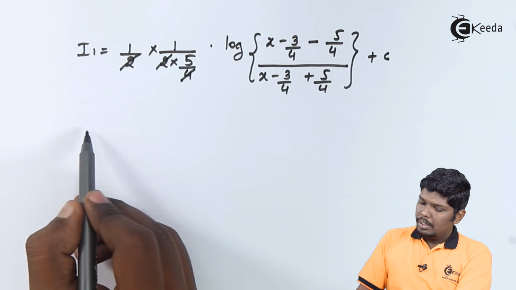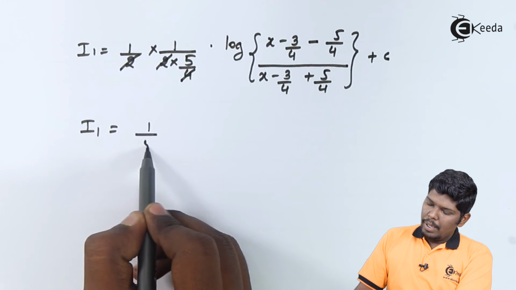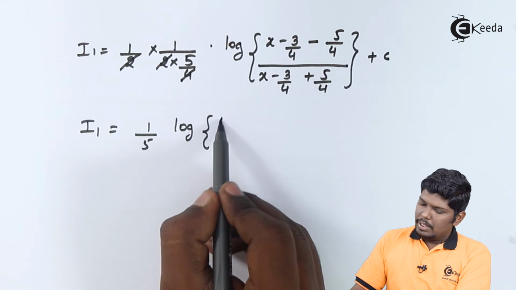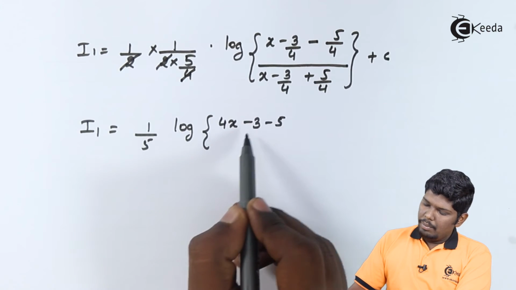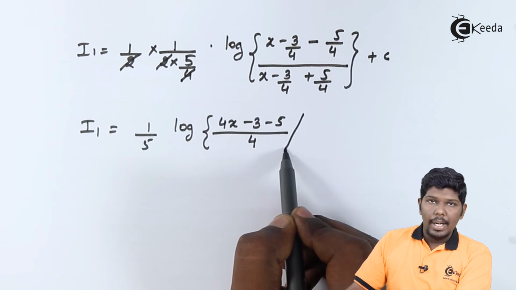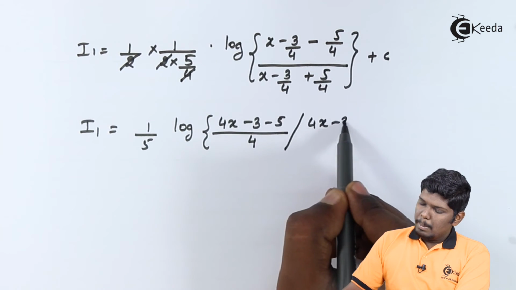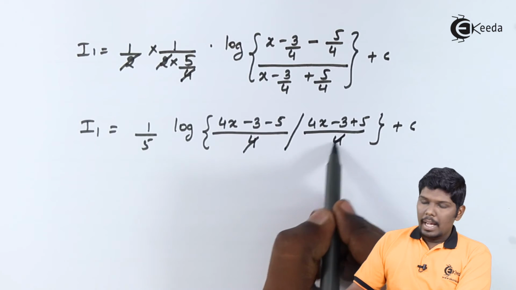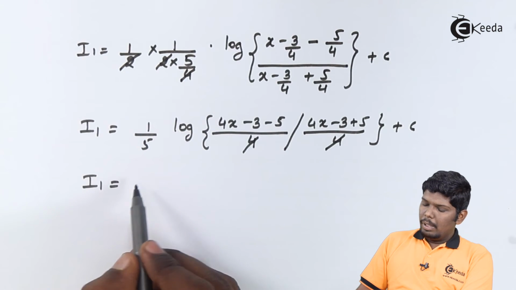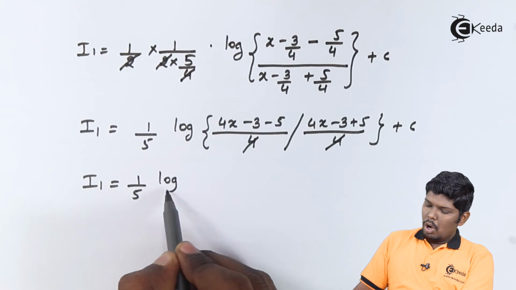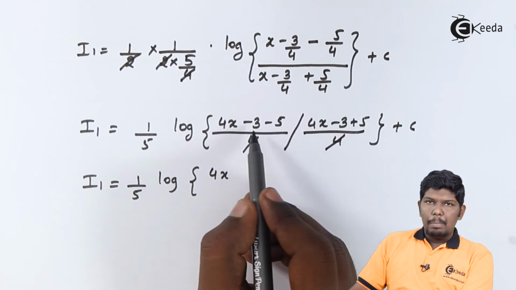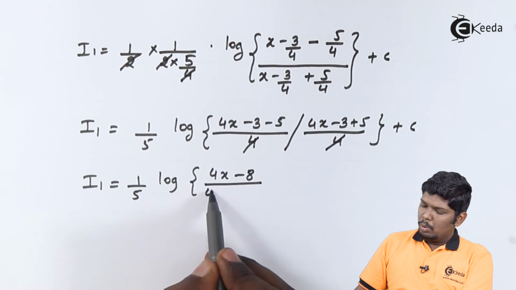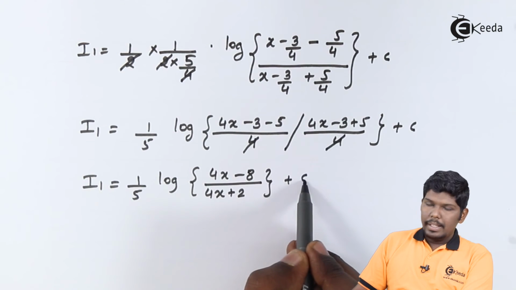Therefore, I1 becomes 1 upon 5 log of, taking 4 as a LCM, we have 4x minus 3 minus 5 upon 4 divided by, here we have 4x minus 3 plus 5 upon 4 plus c. 4 will be cancelled and I1 will be 1 upon 5 log of 4x minus 3 minus 5 will give you minus 8 upon minus 3 plus 5 will give you plus 2 plus c.